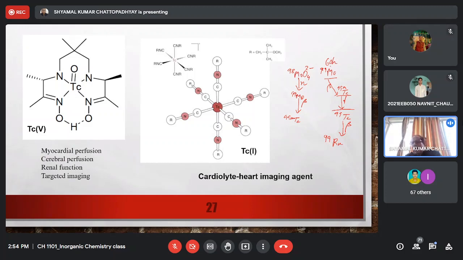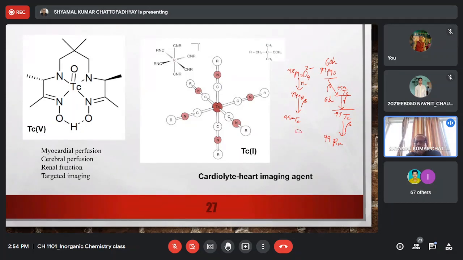And this technetium-99m has a half-life of around 6 hours, right? Once you bring it to the hospital, what happens? They have a so-called technetium reactor. It is not a nuclear reactor.